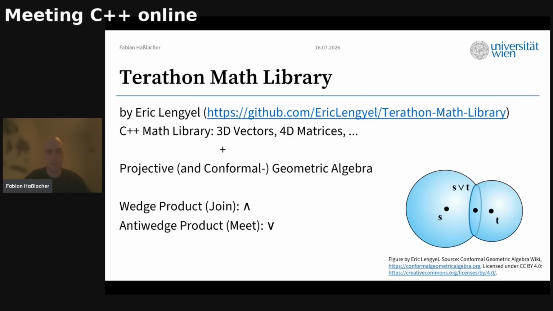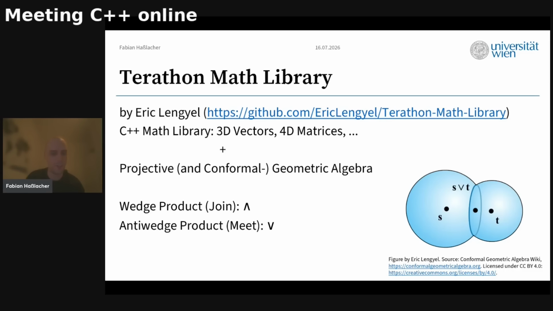Just quickly, the math library I used for this is the Terathon Math Library. It's by Eric Lengyel. This is based on a geometric algebra model which he developed, not only him, but plenty of other people. And he did a library on this model, and this was interesting for my project because it's way too broad to talk about in depth here.